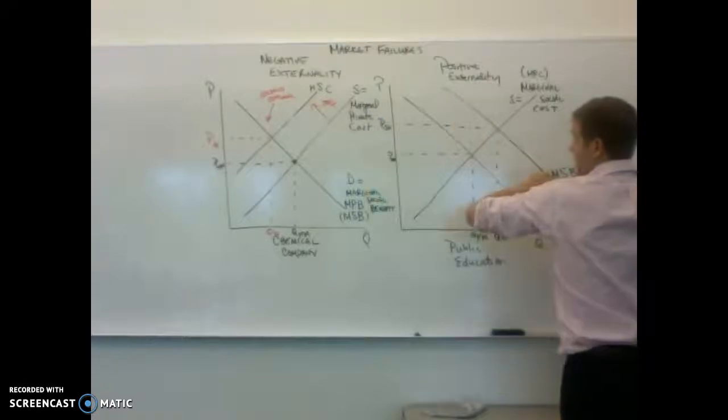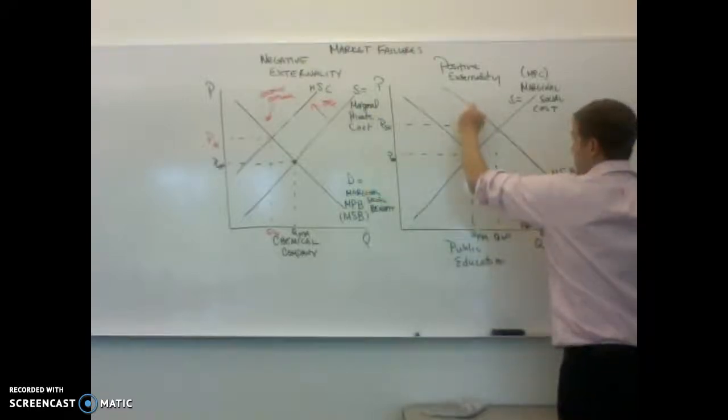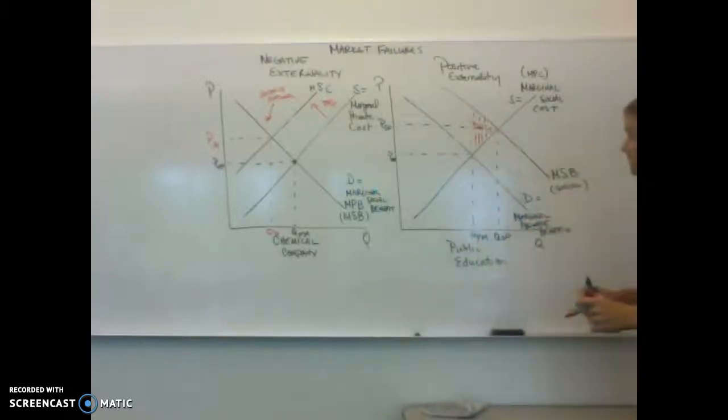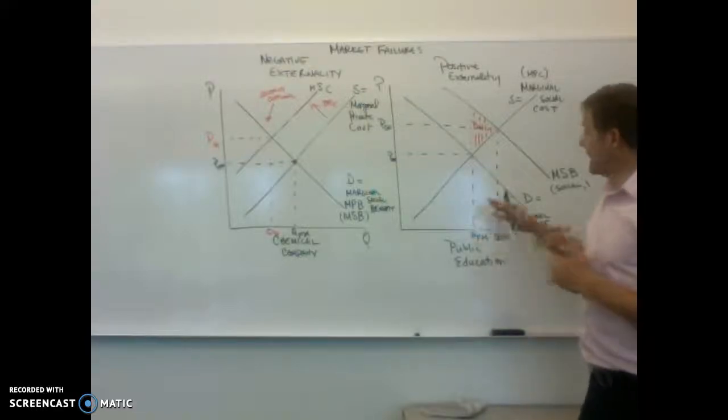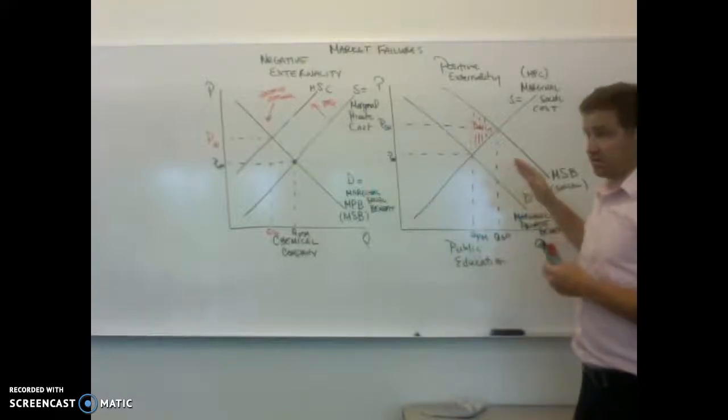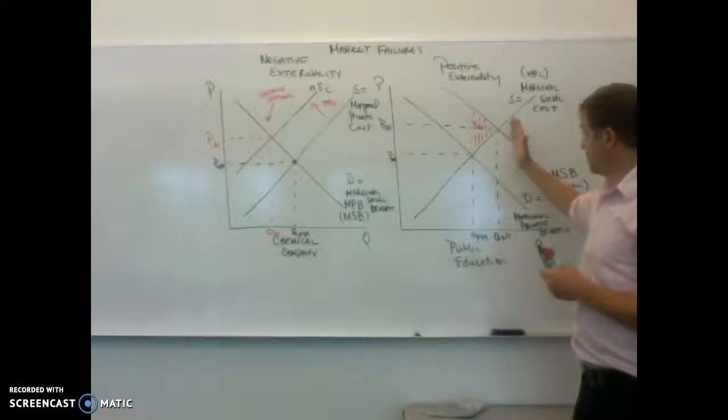So the deadweight loss is right here. I'm just going to put a big deadweight loss here and some lines around it. Okay. So again, these are people who are not getting the amount of education that we want to see, right?